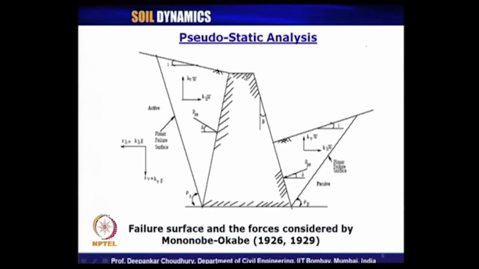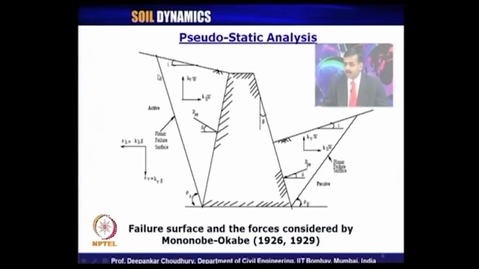So, considering the wall movement occurring from left to right in this direction, active state of earth pressure is going to get generated on this side, whereas on the other side where the wall is moving towards the backfill, we can have the passive state of earth pressure getting generated.